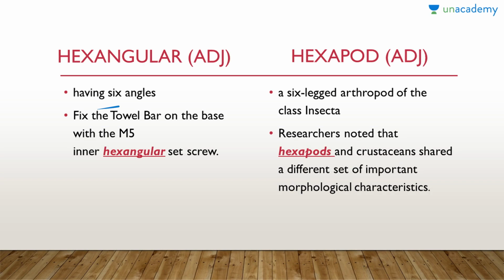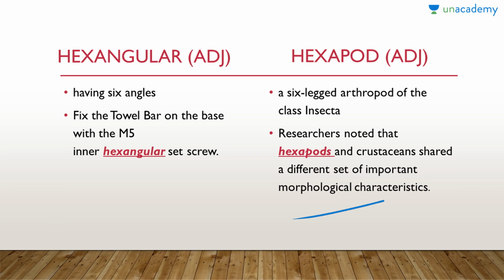Hexangular is an adjective which means having 6 angles. So in a sentence it will read, fix the towel bar on the base with the MS in a hexangular set screw. Hexapod is a noun which means a 6-legged arthropod of the class Insecta of insects.